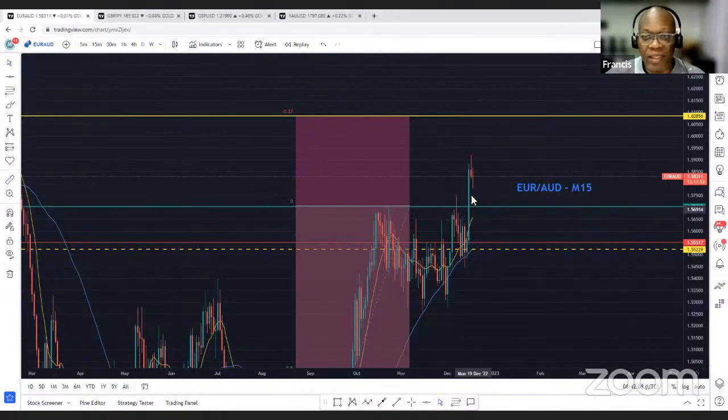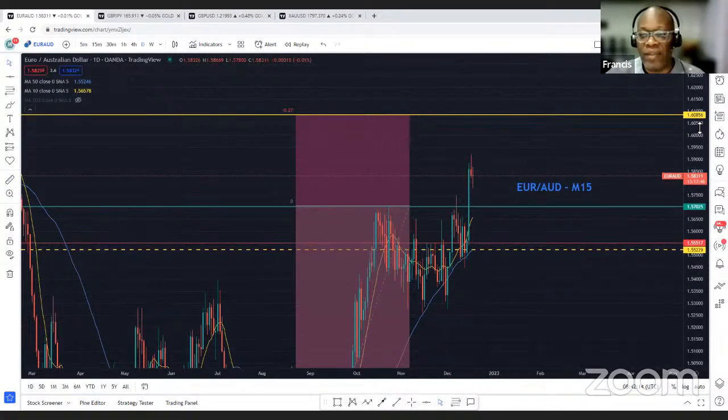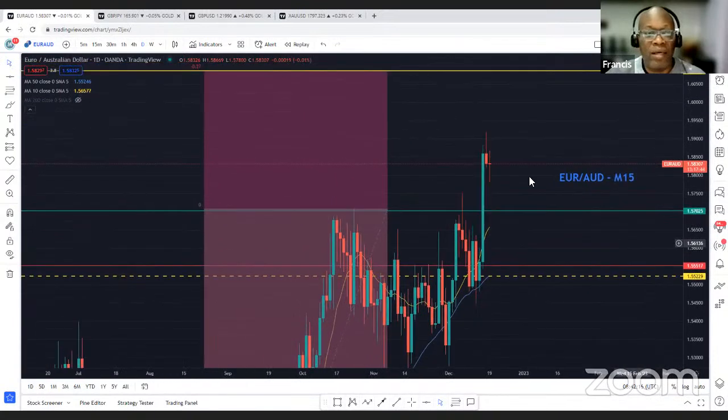So far today, it's done about 100. Looking at this daily time frame, the market opened here. It's pretty much moved up and down. It's come back to where it opened. So is it going to fill that wick at the top?